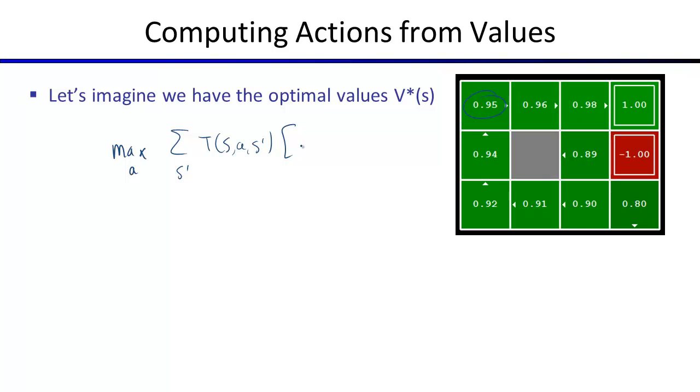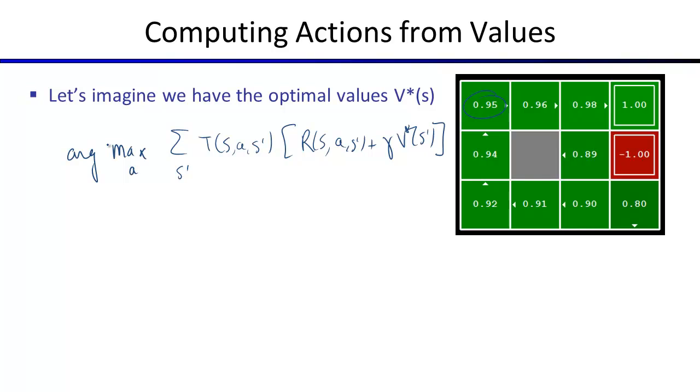Average over those next states the values of those next states, which is R(S, A, S prime) plus gamma V star of S prime. The action that achieves this maximum we call the argmax, right? The thing that achieves the maximum is the argmax. That's the way to act optimally.